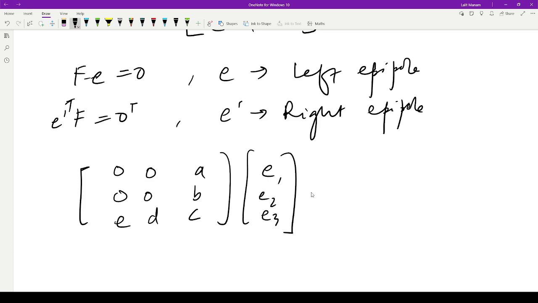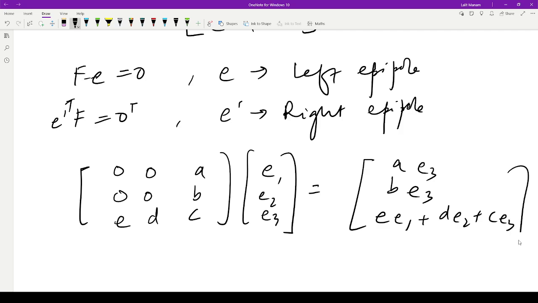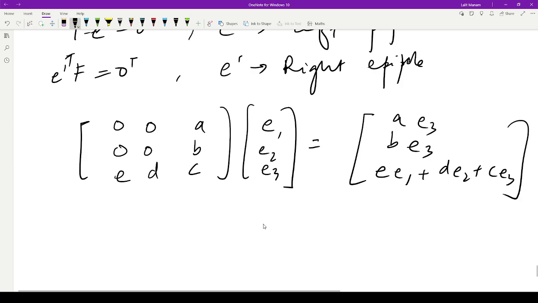Which gives us A E3, B E3, and E times E1 plus D times E2 plus C times E3. Simple matrix multiplication, right? If you see these first two elements, they are not dependent.